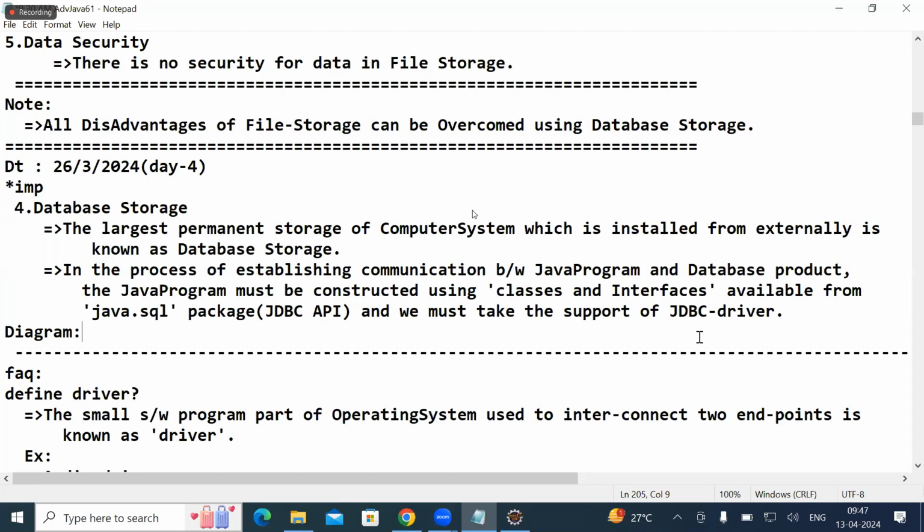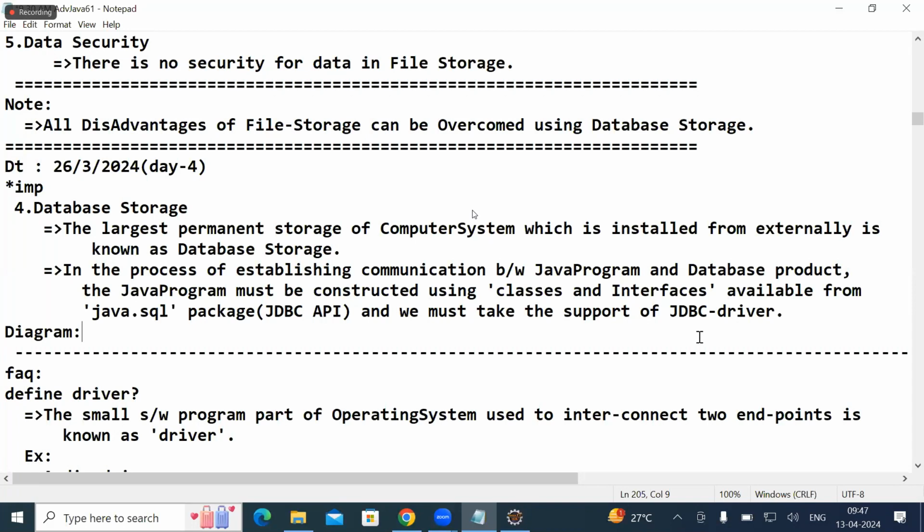Sir, I am copying that jar file into one temporary location, creating one user defined folder, and copying the jar file there. Whenever we want to execute a JDBC application, in the build path we have to link some external jar. We are linking that jar file to your project.